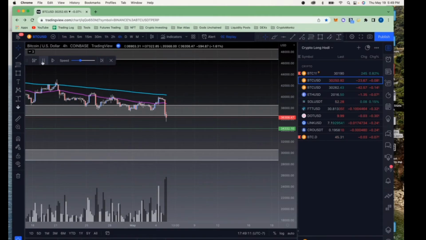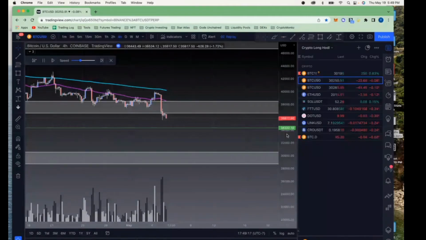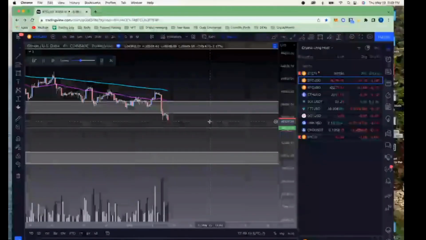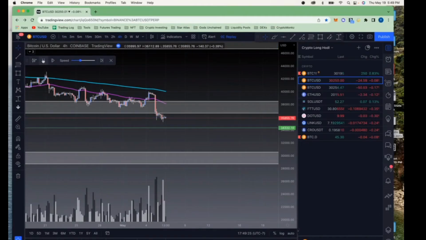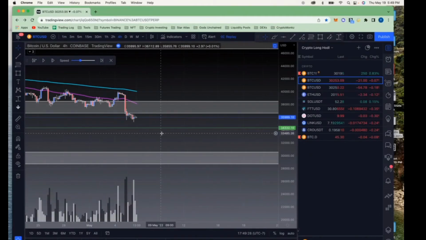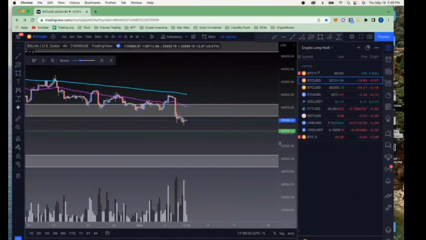So use all of the stuff that we've learned, put it into effect, and then just backtest it if you don't want to take trades just yet. And most importantly, again, everything is about risk management.